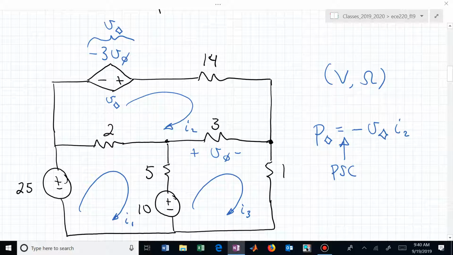Then we have 14 I sub 2 plus 3 times I sub 2 minus I sub 3 plus 2 times I sub 2 minus I sub 1. And then we're back where we started. The hard part was just writing down that first expression, the voltage associated with that dependent source.